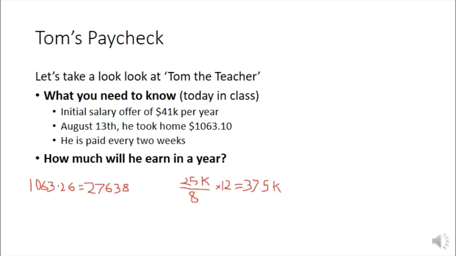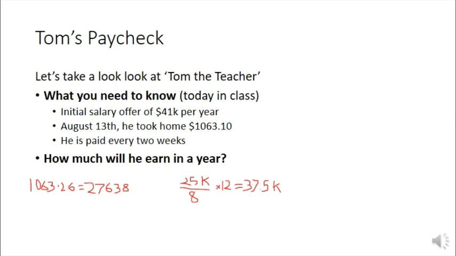So there's a couple things to note. One, both these numbers are much less than $41,000 a year. And two, these two numbers are very far apart from one another. So what's the discrepancy? Why are these estimates so far apart? The reason is because your paycheck has taxes and deductions taken from it.